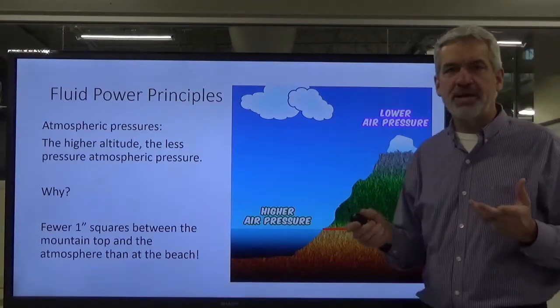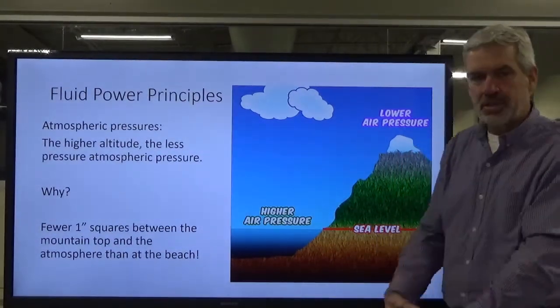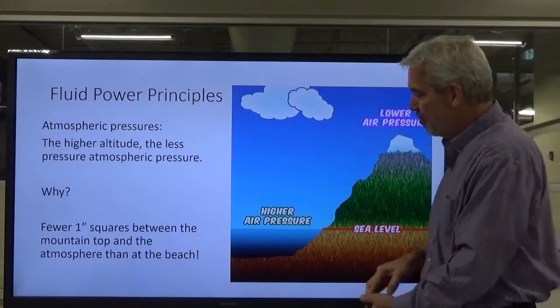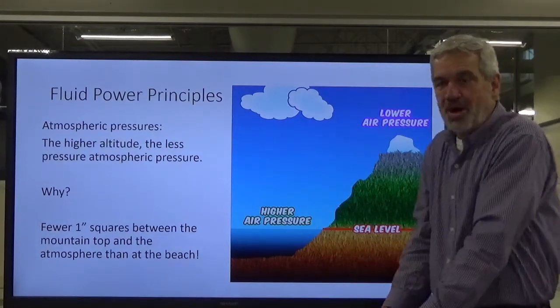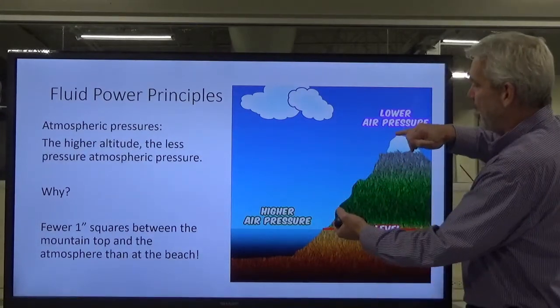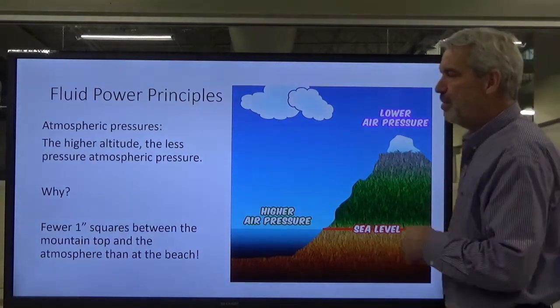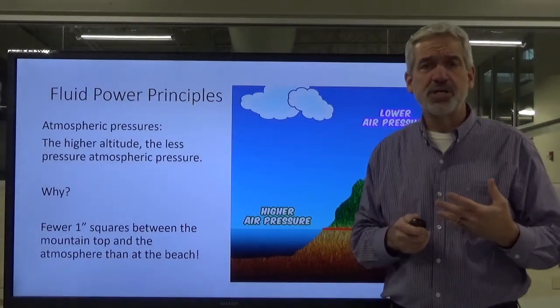And again, we talk about sea level. Why is that important? Because remember the cubes, the 1 inch square cubes stacked to the atmosphere? Well, if I'm down here at sea level at the beach, I'm going to have more cubes. I'll be holding more cubes than I would be in here, because that's the difference between here and here to the atmosphere. So the atmospheric pressure at higher altitudes is going to be less.